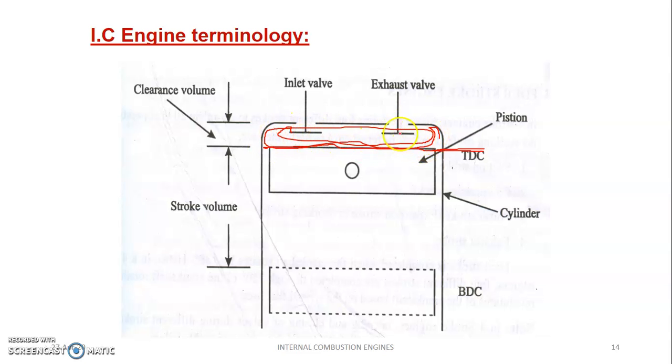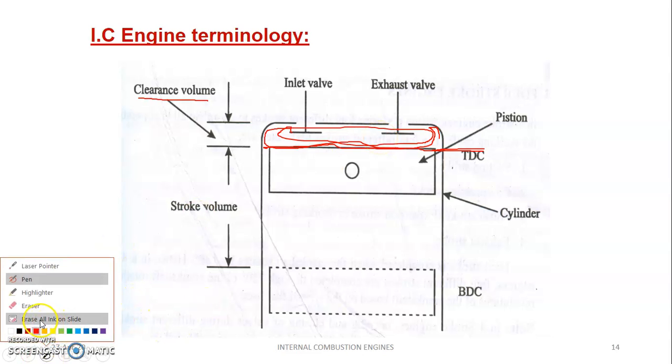This volume is called the clearance volume, where during the compression stroke the charge, the air and petrol mixture, will be collected. So this is called the clearance volume in the internal combustion engine.